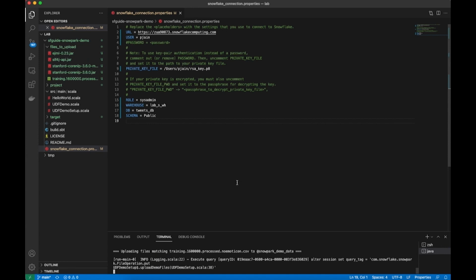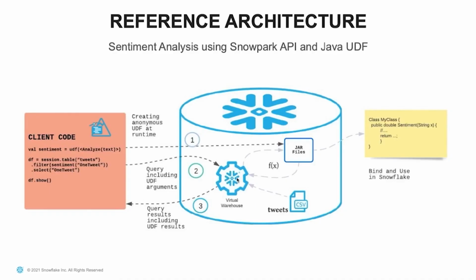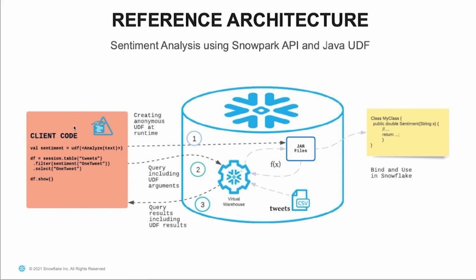While this is running, I want to share an architecture diagram with you for the whole project and what we are trying to do. It looks like this. We have our client application on the left-hand side, which is Visual Studio Code, and in this application we are creating code with the language of our choice using the Snowpark API.